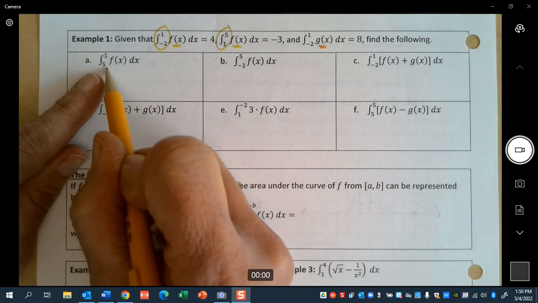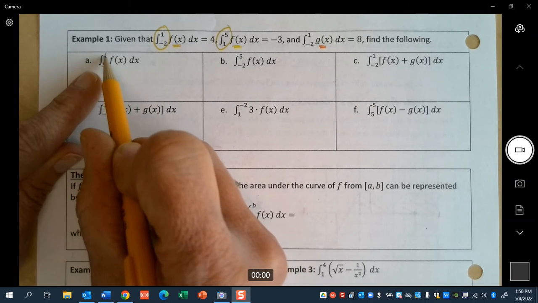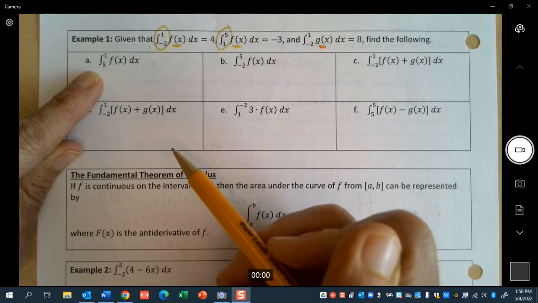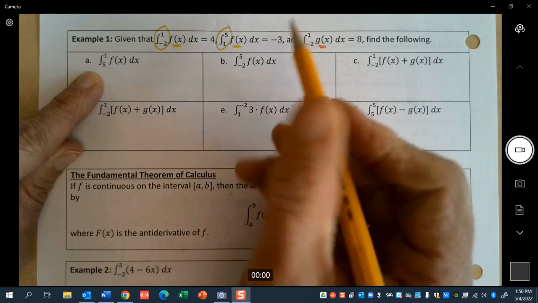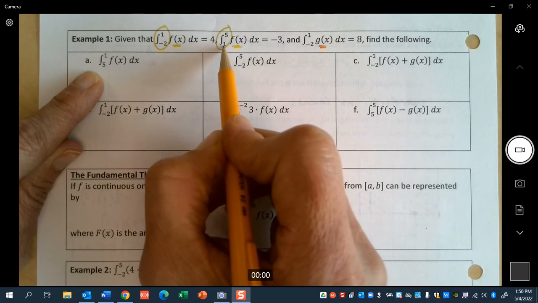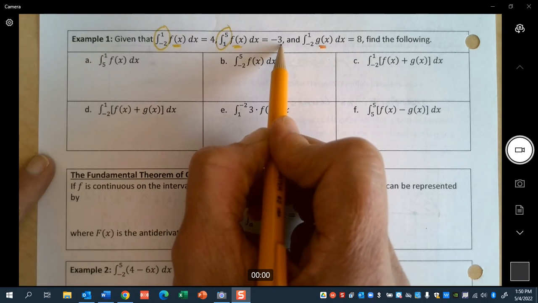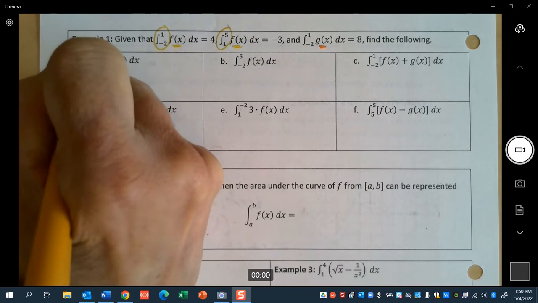So if I'm looking for 5 to 1, which way am I going, forwards or backwards? So if forwards from 1 to 5 is negative 3, what is backwards going to be?